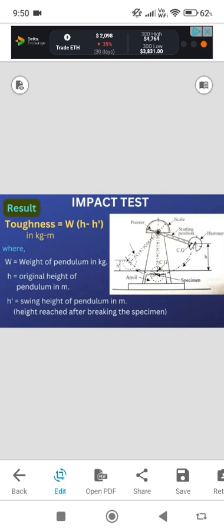Applications of the impact test. The key applications of impact test are in automotive, aerospace, construction and packaging industries. In the automotive industry, it evaluates safety components including bumpers, panels and window screens.